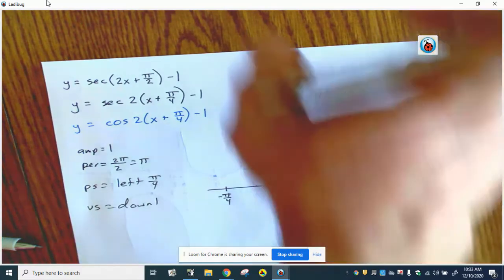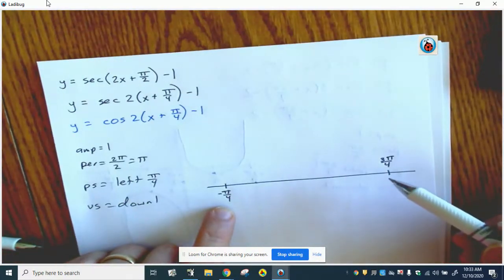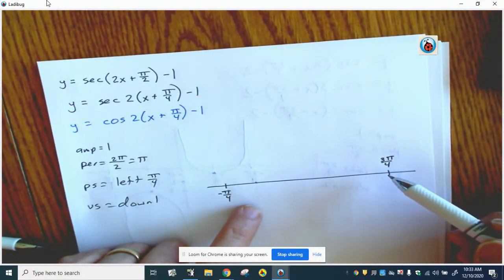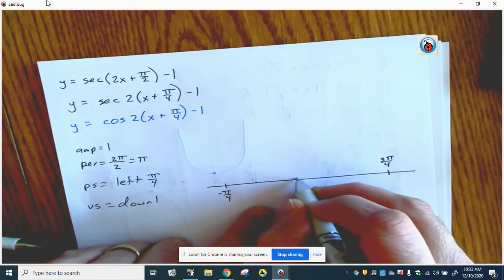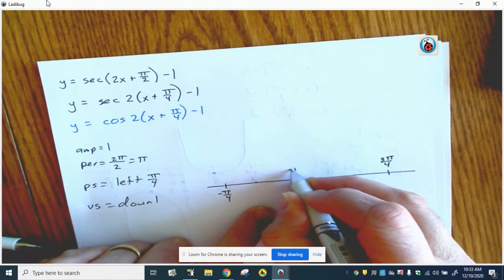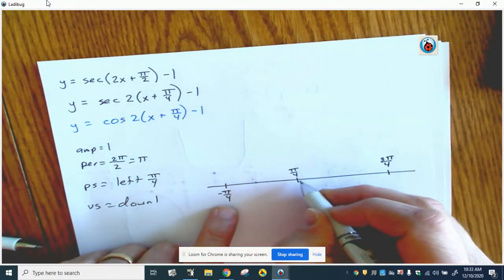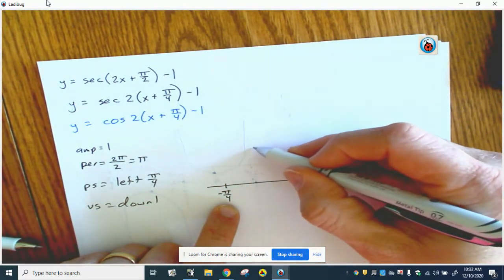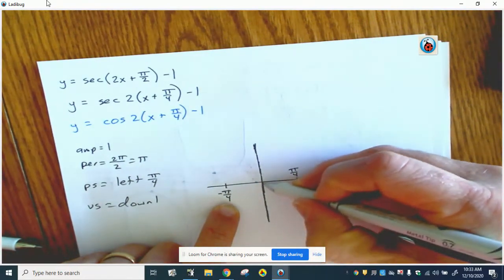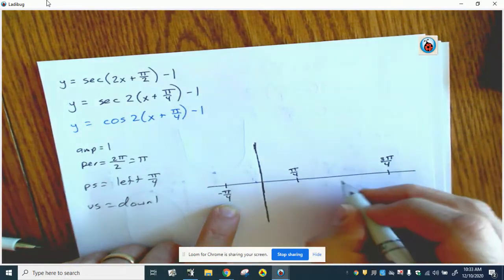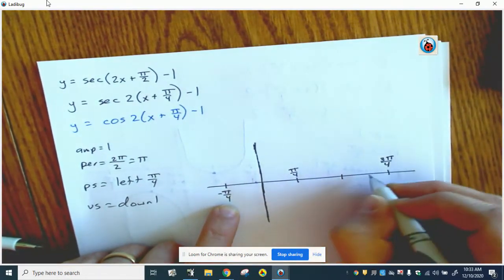I'm going to add those together. -1/4 plus 3/4 is 2/4. Half of 2/4 would be 1/4. Well, I now know exactly where my y-axis is. That's the midpoint here. So I put my y-axis in almost at the end. A midpoint here, and that would be a half.